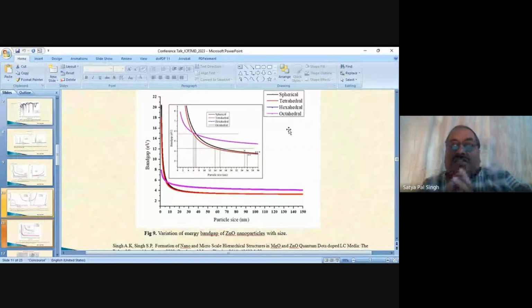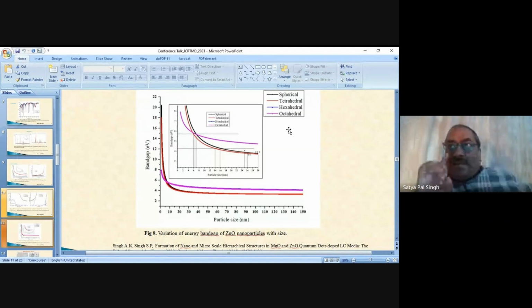So what Brus has suggested, sir, was for a single particle. Means MgO means a completely formed MgO particle, a single unique, isolated particle. But we have extended the idea because in this case, smaller nanoparticles are forming a bigger aggregated particle. So that appears spherical in shape, not a single particle.